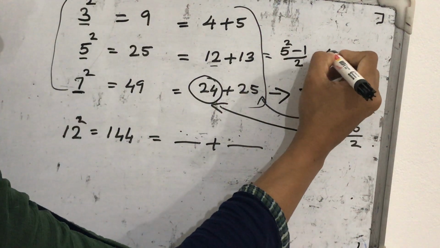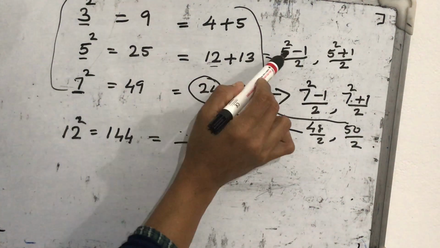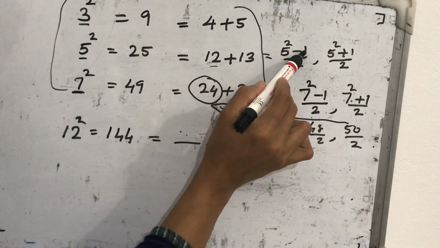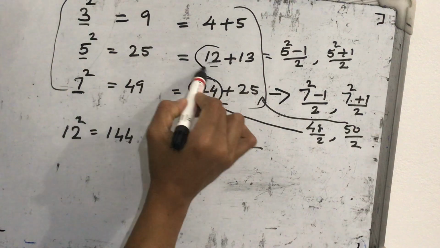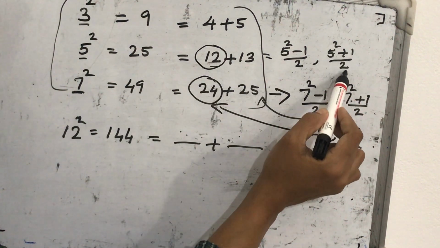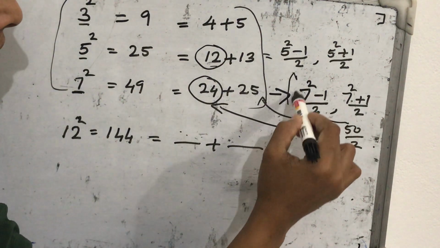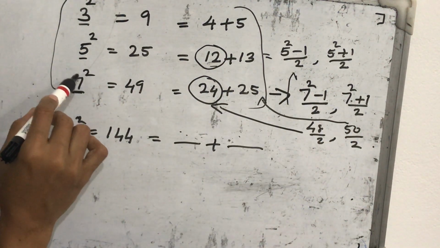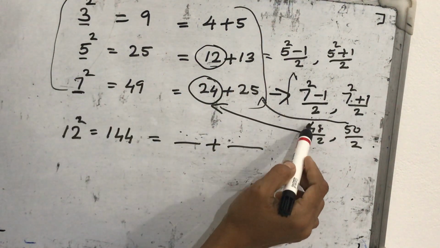For the second number, 5 squared plus 1, by 2. 5 squared is 25. 25 minus 1 is 24, and 24 by 2 gives 12. Likewise 25 plus 1 is 26, and 26 by 2 is 13. So using this method, we take the given number's square, subtract 1 from that and divide by 2.